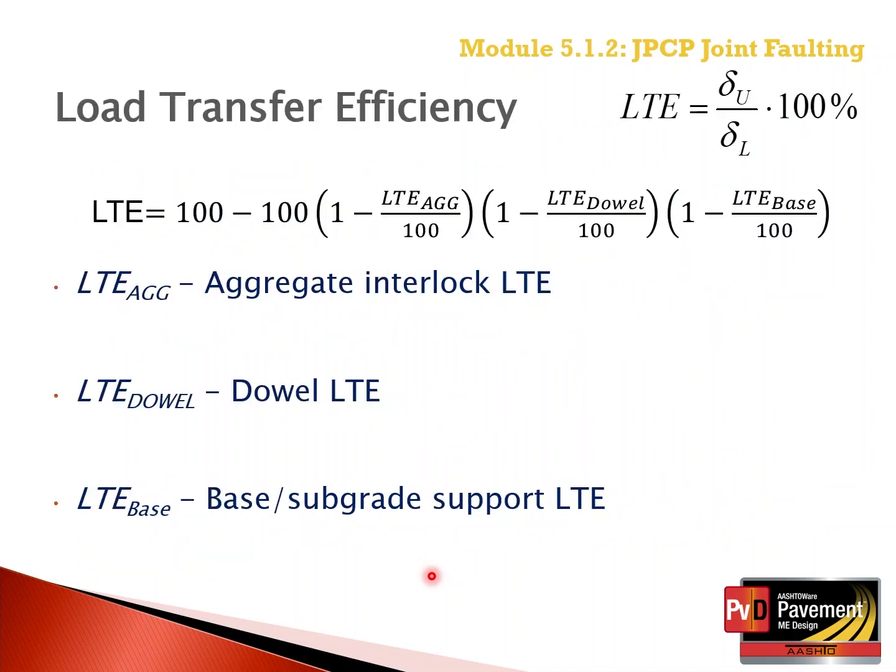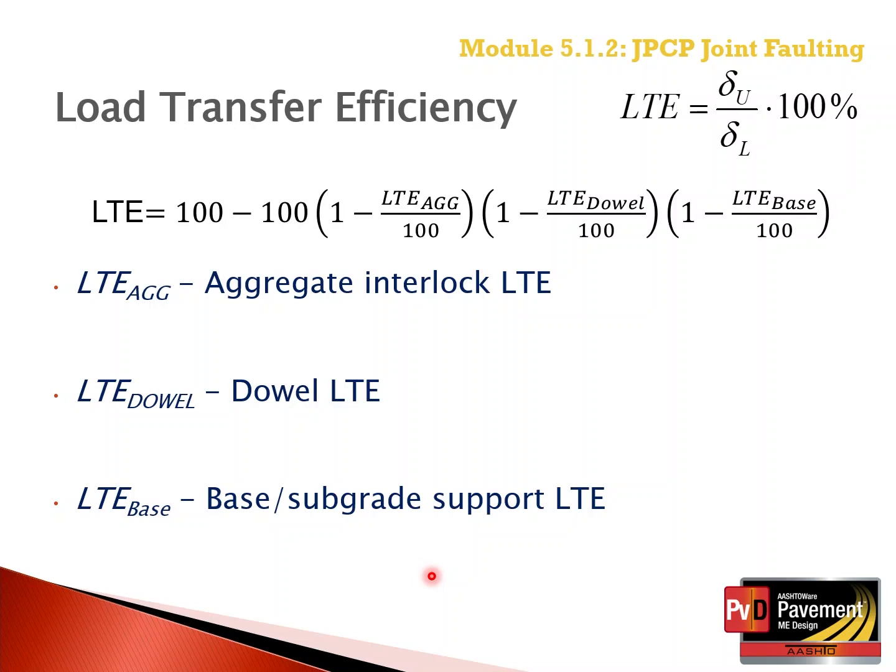The overall load transfer efficiency of the transverse joint is critical in calculating faulting over the design life of a jointed plain concrete pavement. Load transfer efficiency is determined from three components.